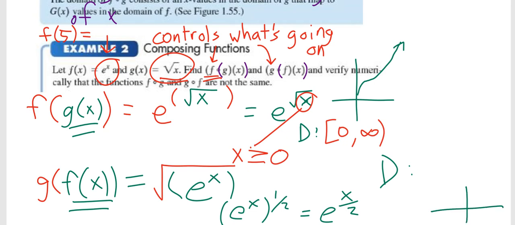So that picture that you got probably looks something like this. It is negative infinity to infinity. I do agree with you. What's the lowest value you can think of, or what do you know about e to the x? Tell me what you know about e to the x.